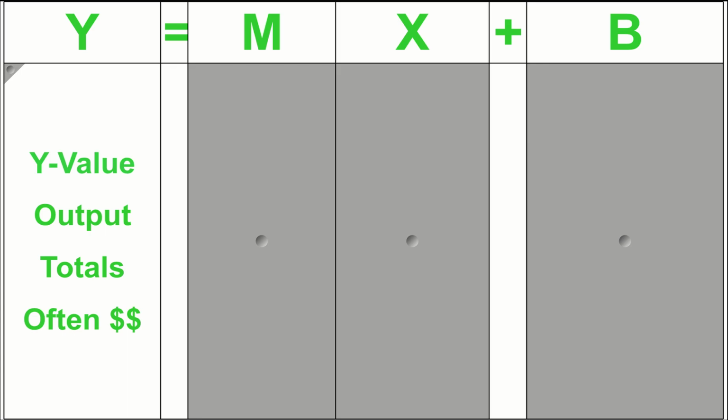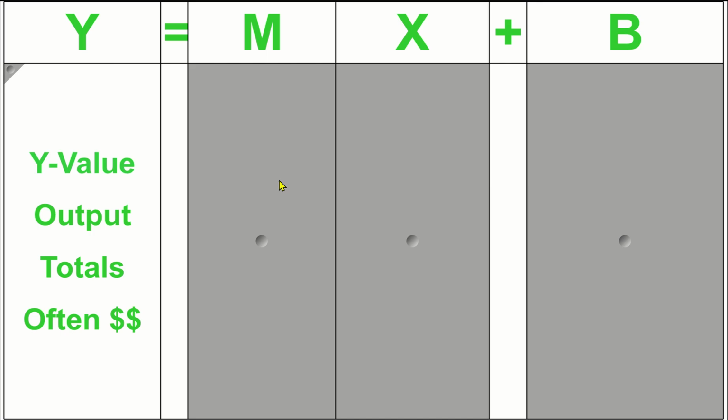Not always, but oftentimes it'll be money. So if it's asking about any of those or talking about any of those, it's talking about y values. And it goes the same way when you see a problem. So when we're reading a word problem, if it's talking about amounts, that's the y value in the problem.